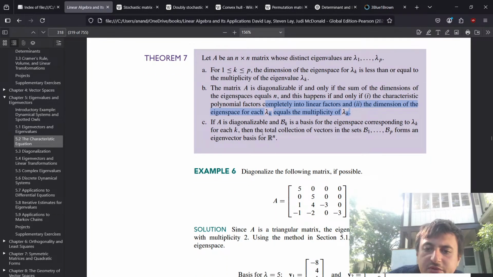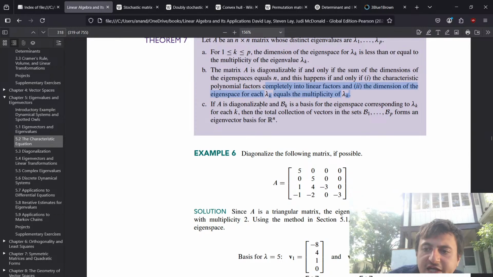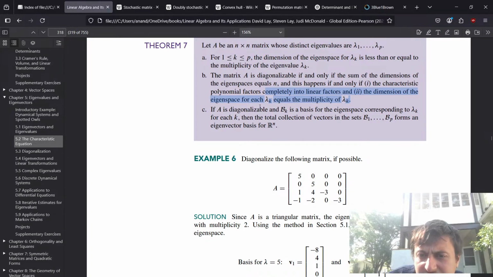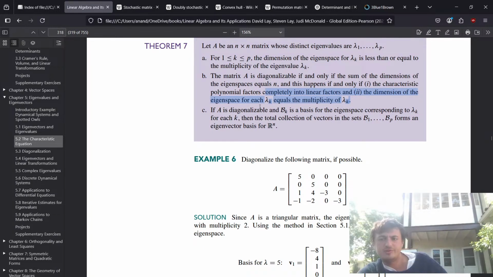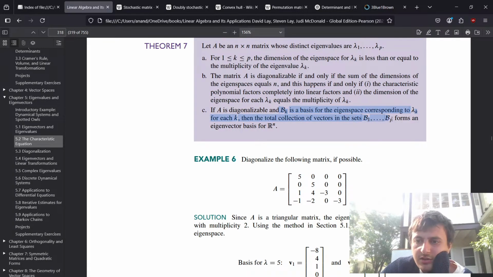If A is diagonalizable and Bk is a basis for the eigenspace corresponding to lambda k, then the total collection of vectors B1 to Bp forms a basis. But note that these bases are not just single vectors.